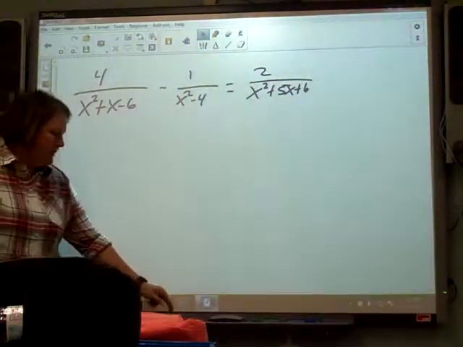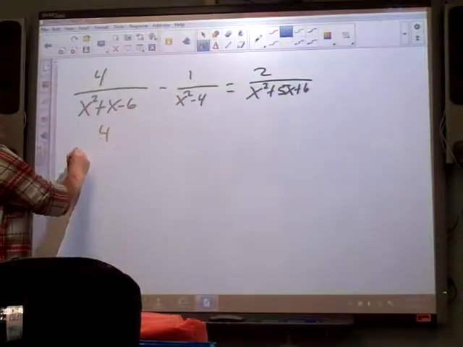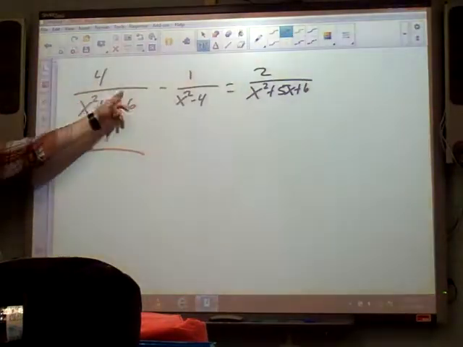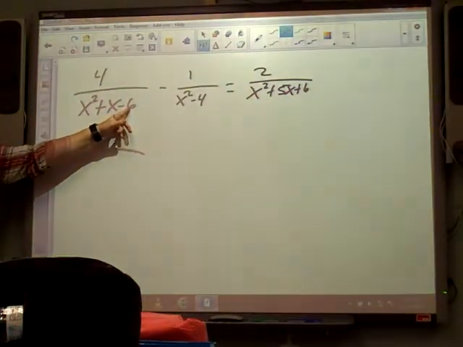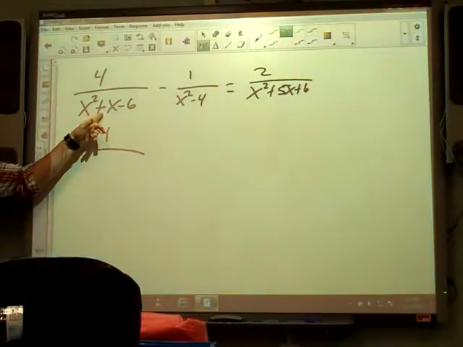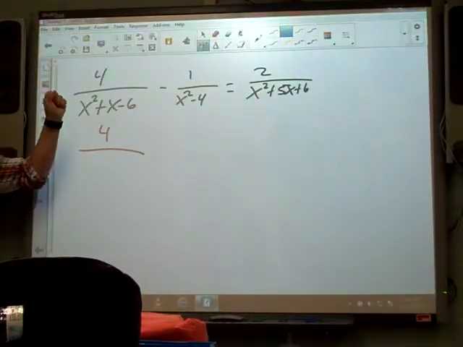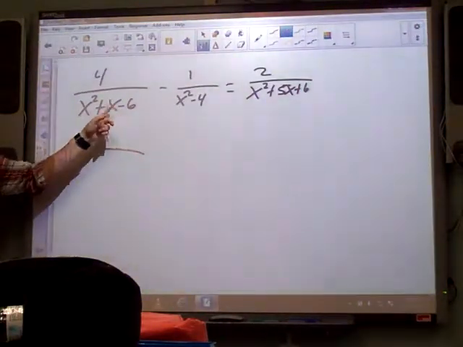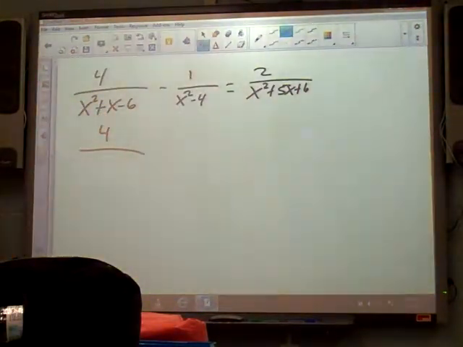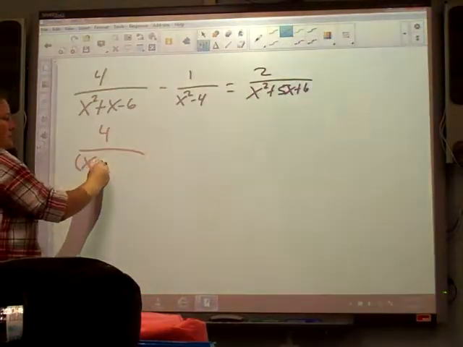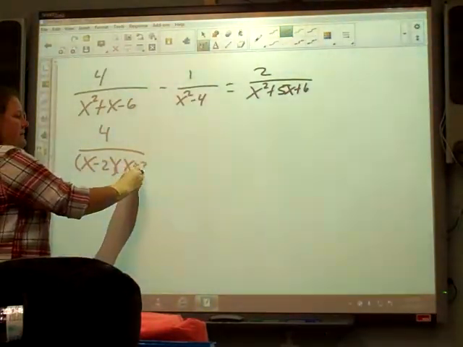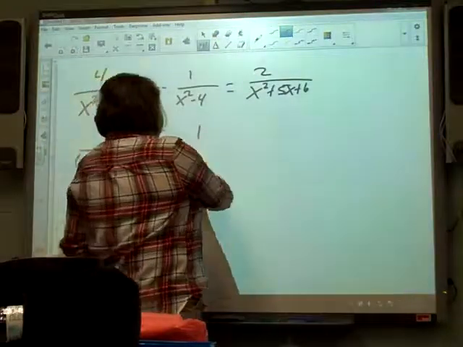Okay, so here underneath the 4, if I do a times c there, that gets me -6. What factors of -6 add to +1? -2 and 3. -2 and +3. Okay?